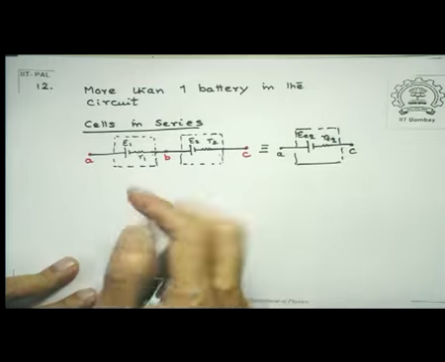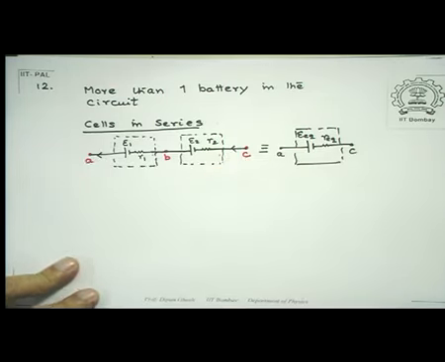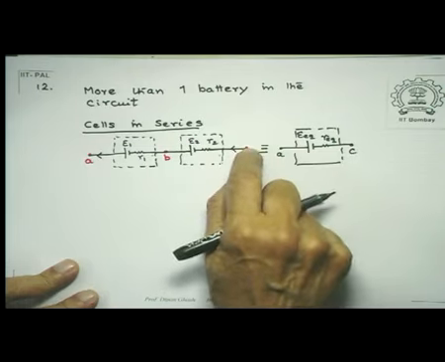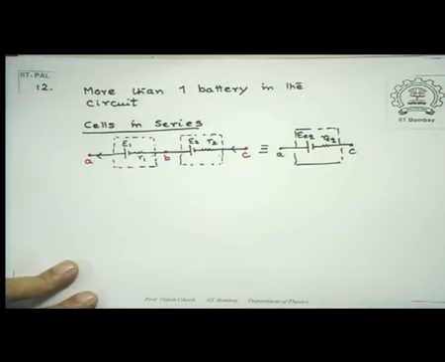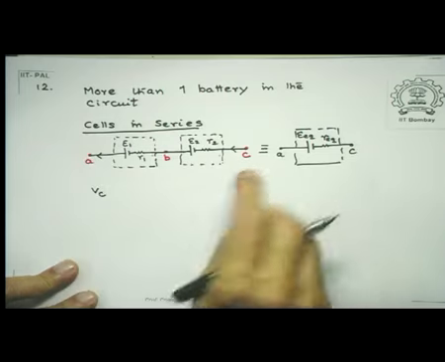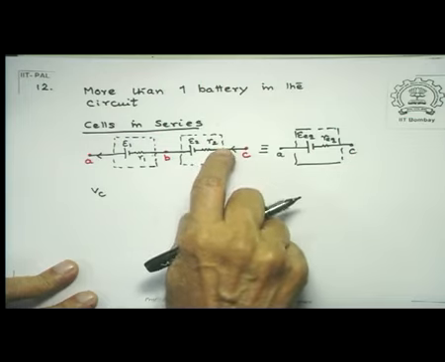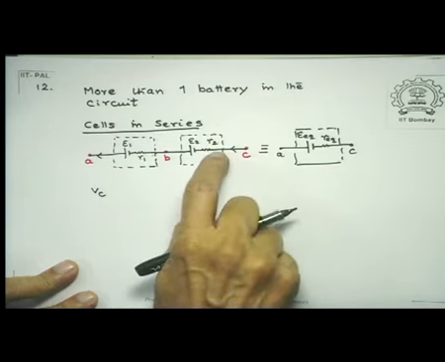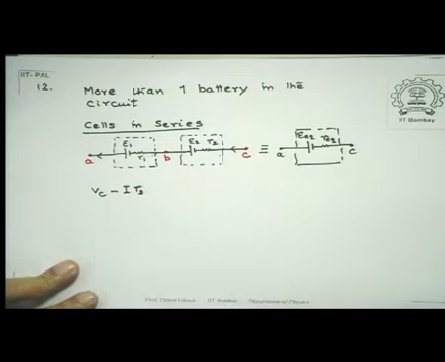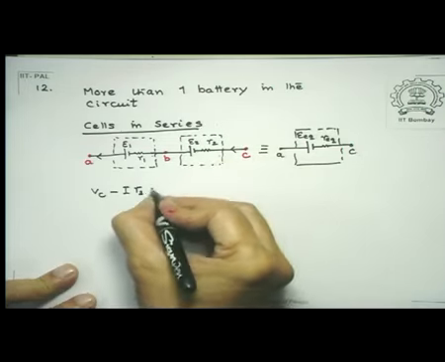Now if I assume that the current is flowing like this here and is coming in like this, then I look at the way the potential develops as I go from C to A. So I start with VC. Since this is in the direction of current, I have a drop of current I R2. So current is the same, so I R2. Then I am crossing a battery from negative to positive, so my potential rises by an amount E2.